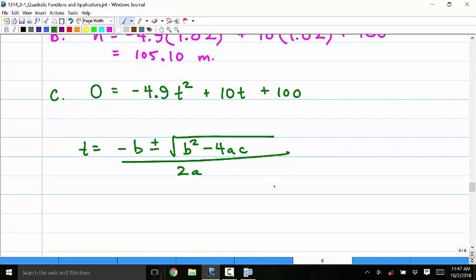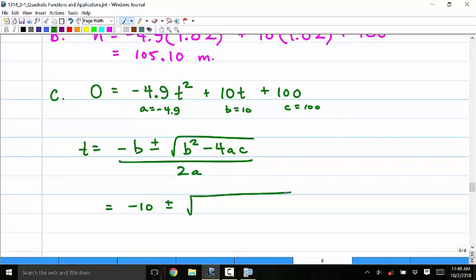Go plug those values in. I have a is negative 4.9, b is 10, c is 100. I have negative 10 plus or minus the square root of 100 minus 4 times negative 4.9 times 100, all over 2 times negative 4.9.